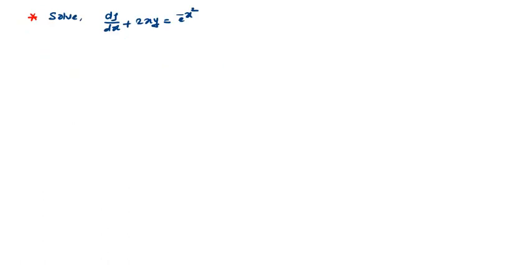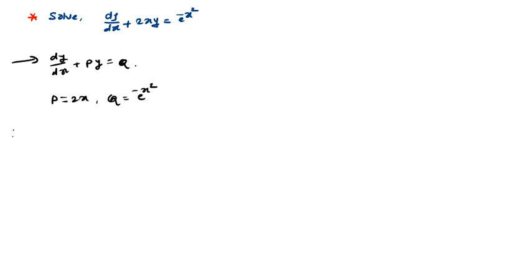Now in this example, again this is clearly a linear differential equation in y. So comparing this with our standard one, that is dy by dx plus p into y equal to q, the value for p is 2x and the value for q is e to the power minus x square.